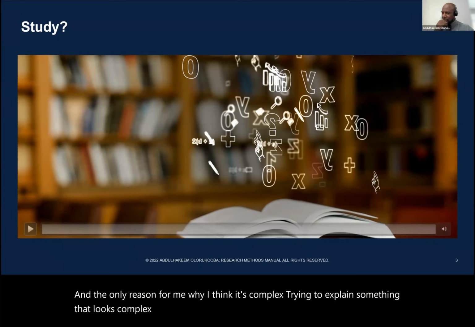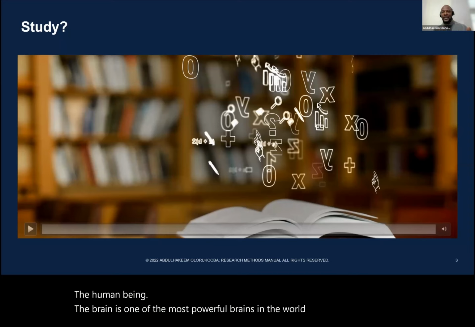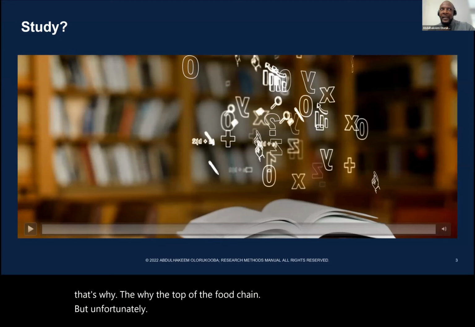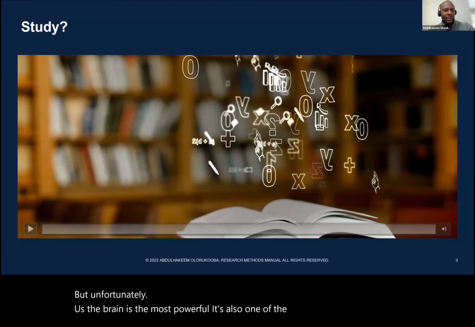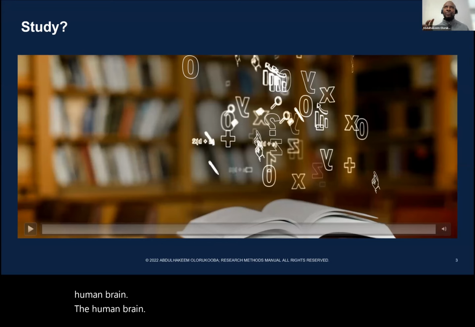Okay, the human brain is one of the most powerful brains in the world, right? It's the top. That's why we're at the top of the food chain. But unfortunately, as the brain is the most powerful, it's also one of the weakest, especially an adult's brain.